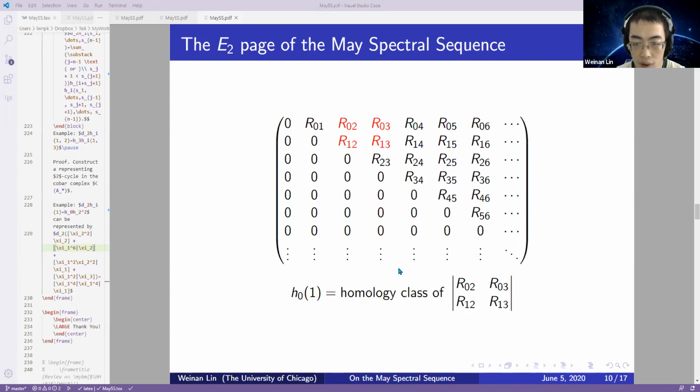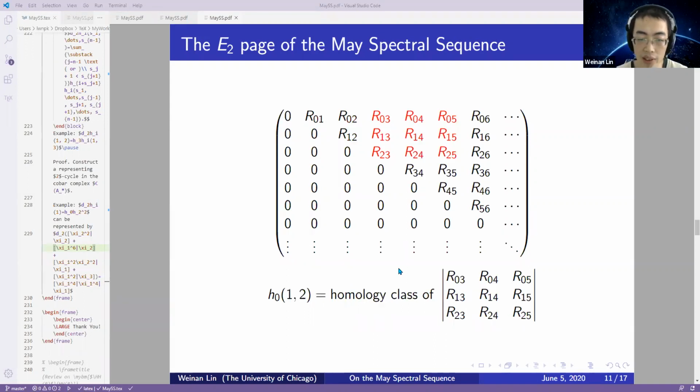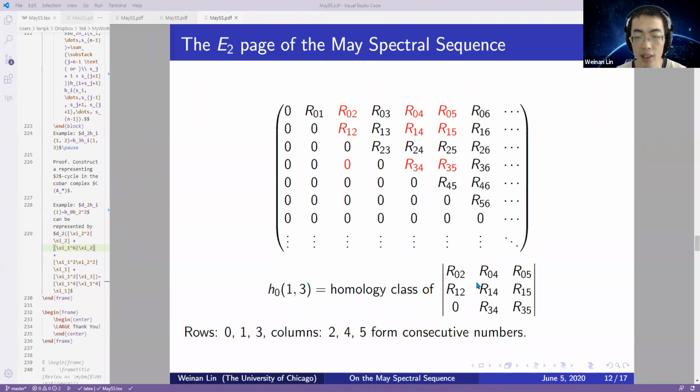second column, third column. And for h_{0,1,2}, it's the homology class of this chain, this determinant, with rows 0, 1, 2 and columns 3, 4, 5. And for h_{0,1,3}, it's this one.